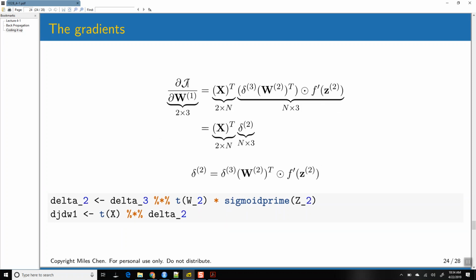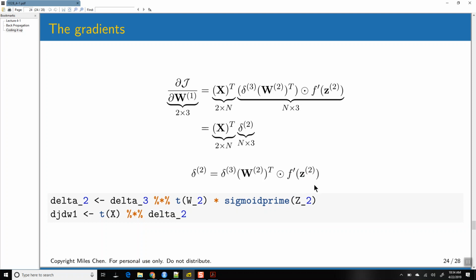Then for the other gradient, we have J with respect to W1 is X transpose times all of this. And so we defined delta 2 as all of this over here, which is delta 3 multiplied by W2 transpose. And so we have matrix multiplication there, element-wise multiplication with f prime, sigmoid prime of Z2, okay?